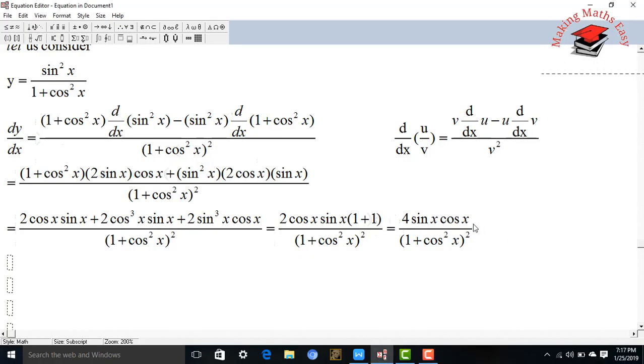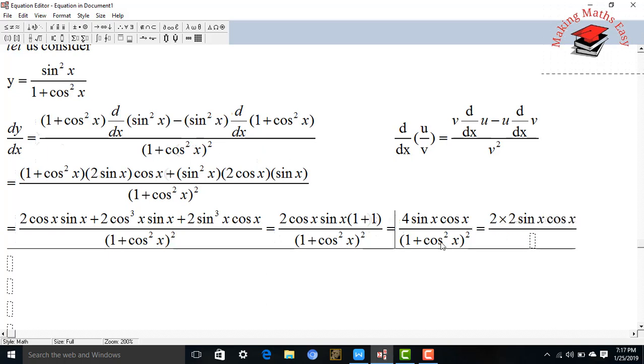Here we can also simplify this expression as 2 into 2 sin x cos x divided by this function.